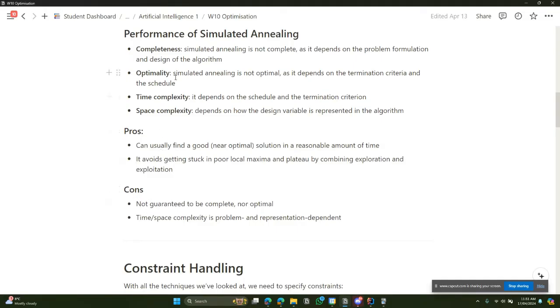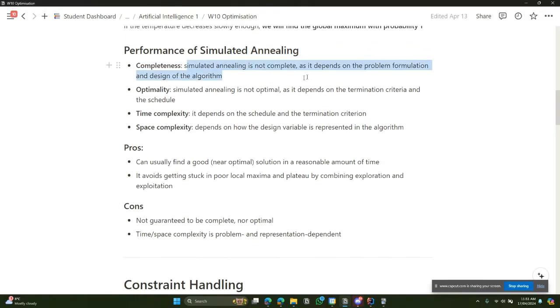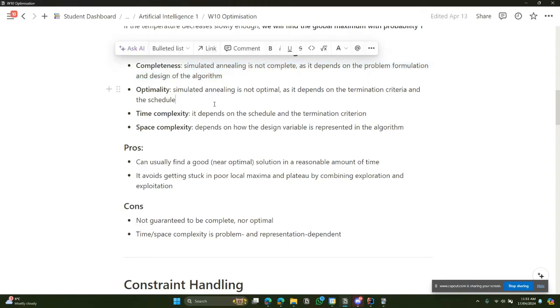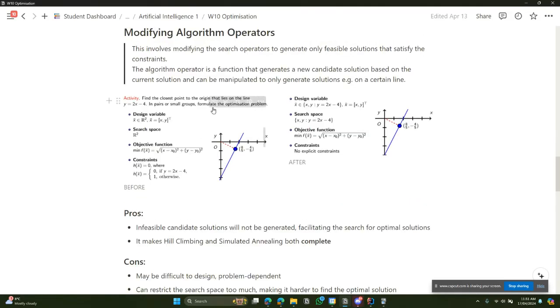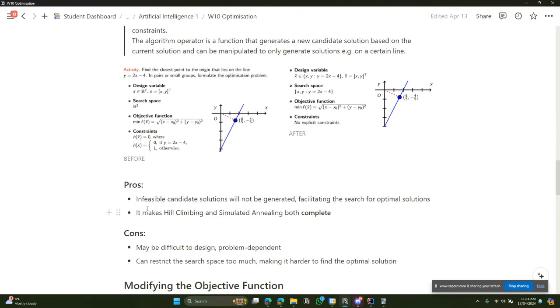Simulated annealing is not complete as it depends on the problem formulation and design of the algorithm. So it depends on that. And this is exactly how you get it to be complete. You get it to be complete by making the search space, by trying to eliminate the concept of infeasible solutions. It can make it both reasonably and practically complete.